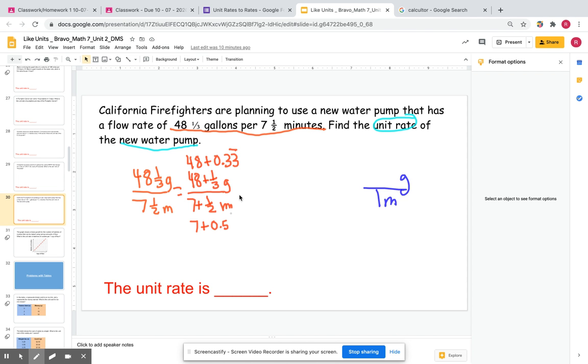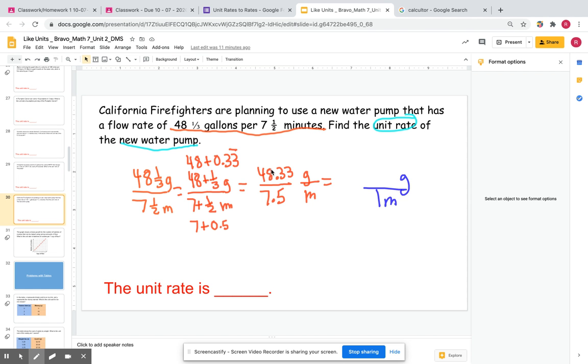Now, when you add these values up, you should get 48.33 G for gallons. We're going to separate these units over minutes, and that's 48.33 over 7.5. Now you can convert this into a decimal again by dividing the top and bottom with your calculator.